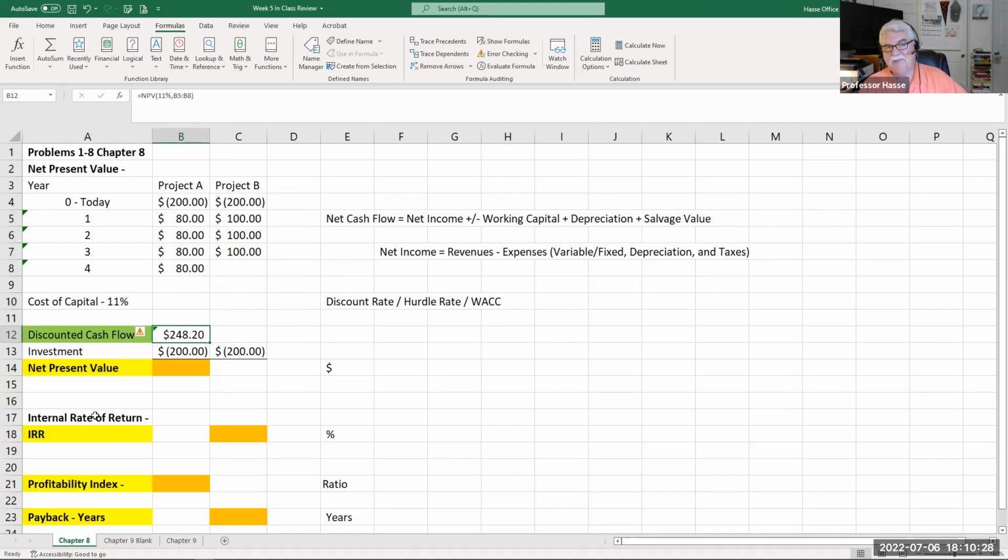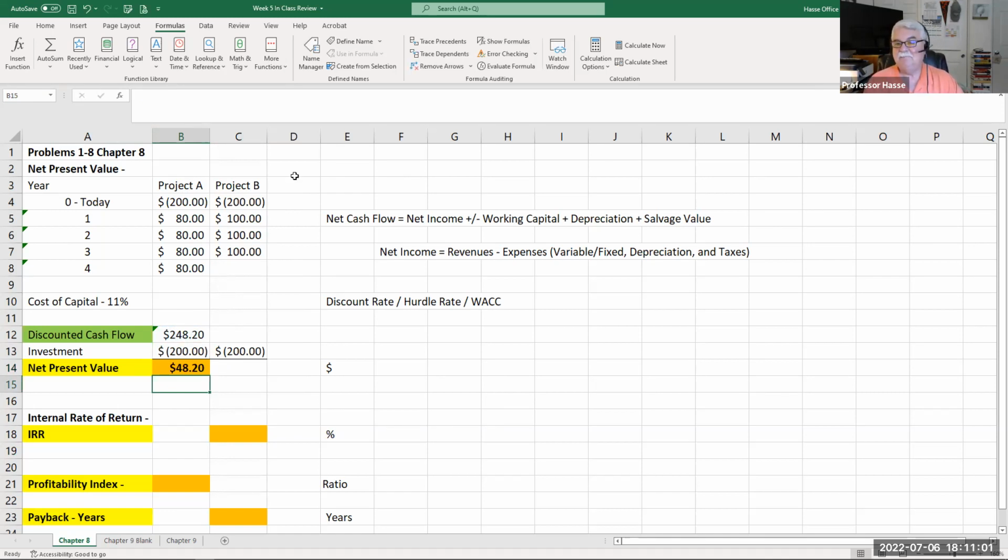$248.20. So the number we're looking at is the net present value number, which is this discounted cash flow, determined as the difference between that discounted cash flow and the investment. $48.20.